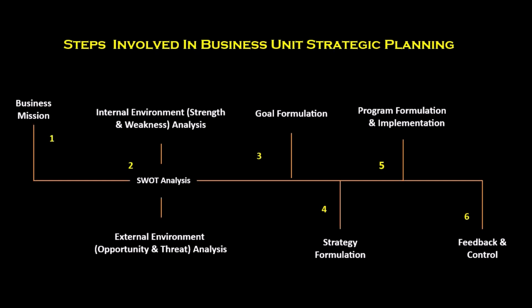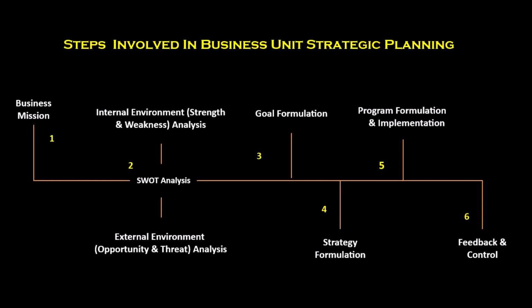In simple words, a comprehensive framework of activities is developed at this stage of business unit strategic planning for implementation of the business unit strategy to achieve its goals. A great marketing strategy can be sabotaged or damaged by wrong program formulation and poor implementation.